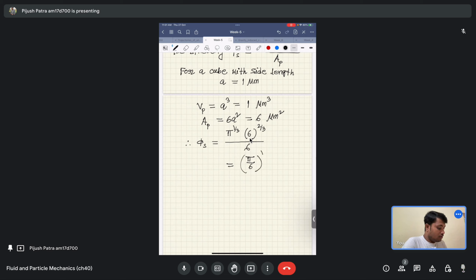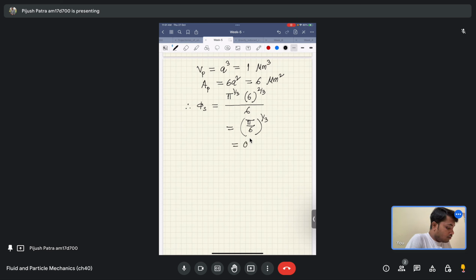What is that? It comes as 0.805996, around something like that. So this is the sphericity of the cube which is given in this case.